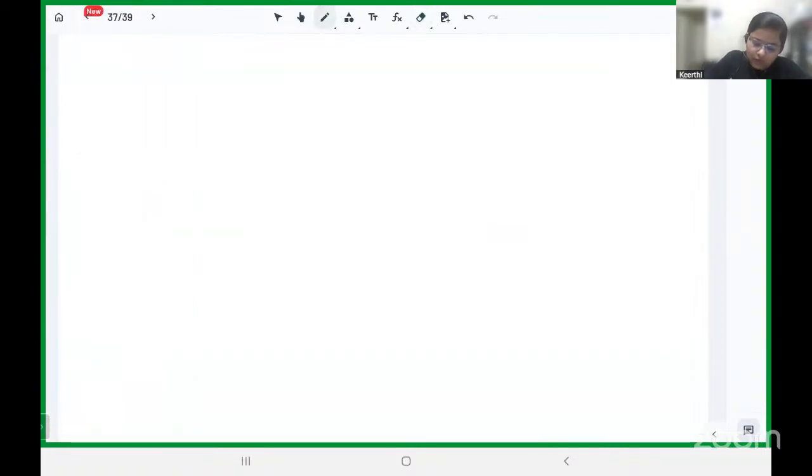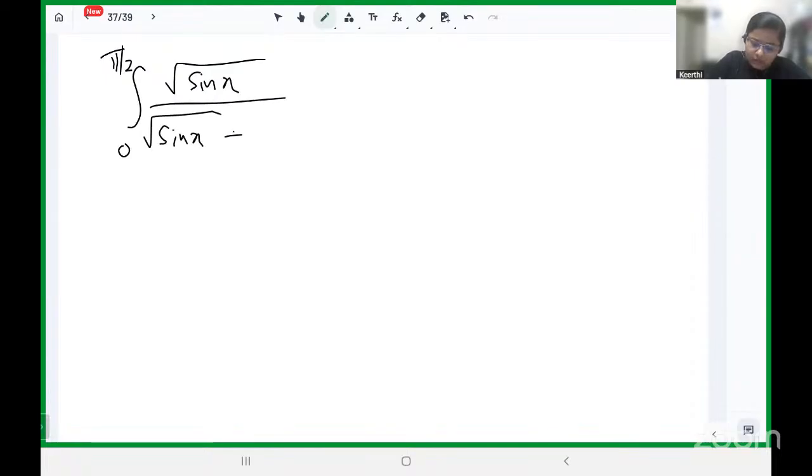That is, if you are asked to calculate the integral 0 to pi by 2 of root sin x by root sin x plus root cos x, do you know how to integrate this function?